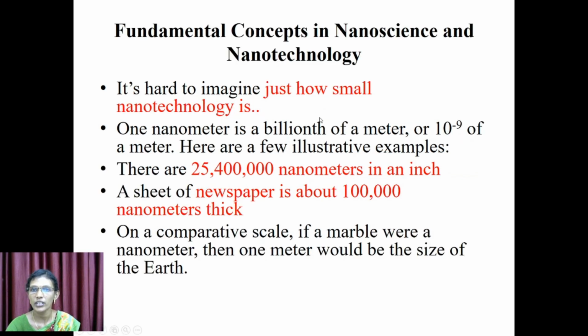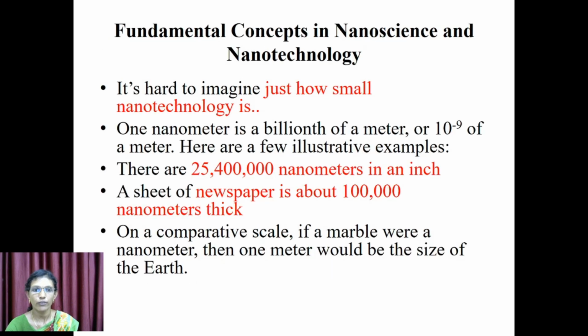So what is the fundamental concept of nanoscience and nanotechnology? It is hard to imagine how small these things are. To see just how small nanotechnology is, we can make comparisons. One nanometer is a billionth of a meter, or 10 to the power of minus 9 of a meter. Here are a few illustrative examples.